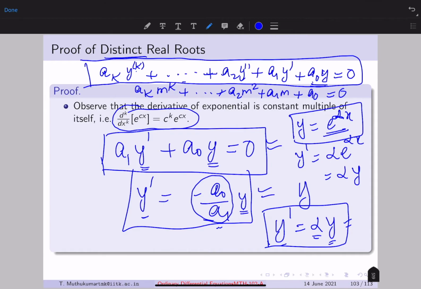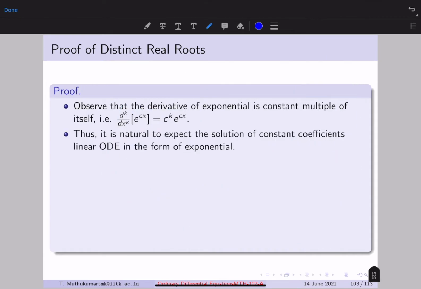So observe that the derivative of the exponential is a constant multiple of itself, and that's the kind of ODE that you're starting with. That is, when you look at a linear homogeneous ODE, after differentiating, what you're getting is a scalar multiple of previous derivatives and so on, right?